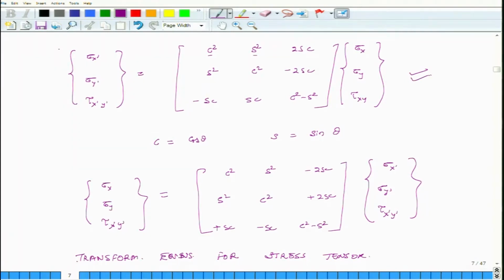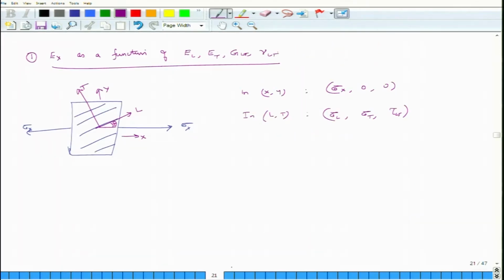So, using these transformation relations, we will find a relationship between sigma L, sigma t, tau LT and sigma x.